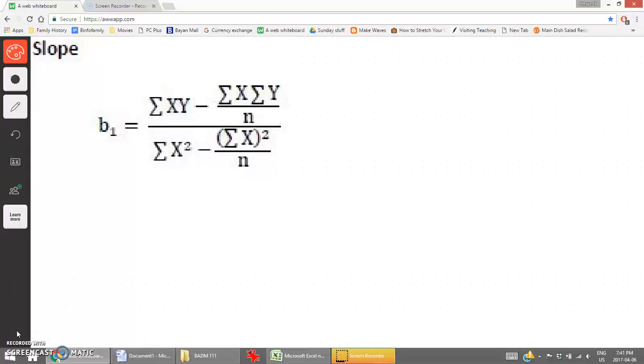The next calculation we'll do is the slope. Now you can see that this formula looks maybe not as scary as the Pearson correlation coefficient, but it is still made up of some values that we need to replace. So if you look at the top part of this equation, it's the same as the top part of the Pearson correlation coefficient.